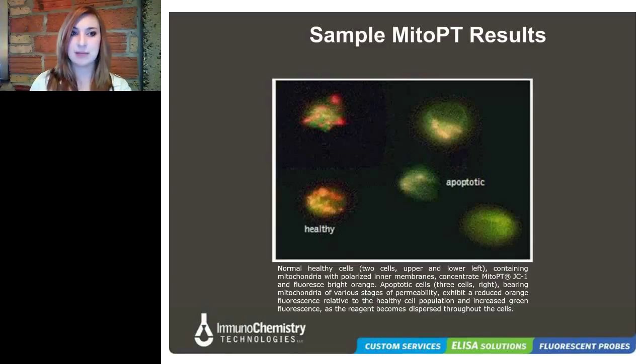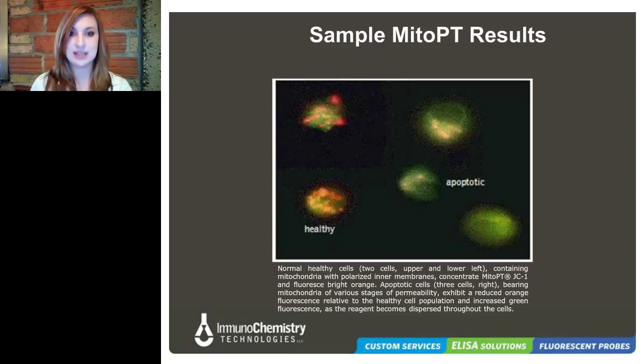So with these sample MitoOPT JC-1 results, Jurkat cells were treated with staurosporine for 2 hours to induce apoptosis, and other cells were treated with DMSO as the negative control. These cells were then stained with the MitoOPT JC-1 reagent for about 20 minutes and then washed. And if we look at this data image, we can see that the two cells on the left are two healthy cells.